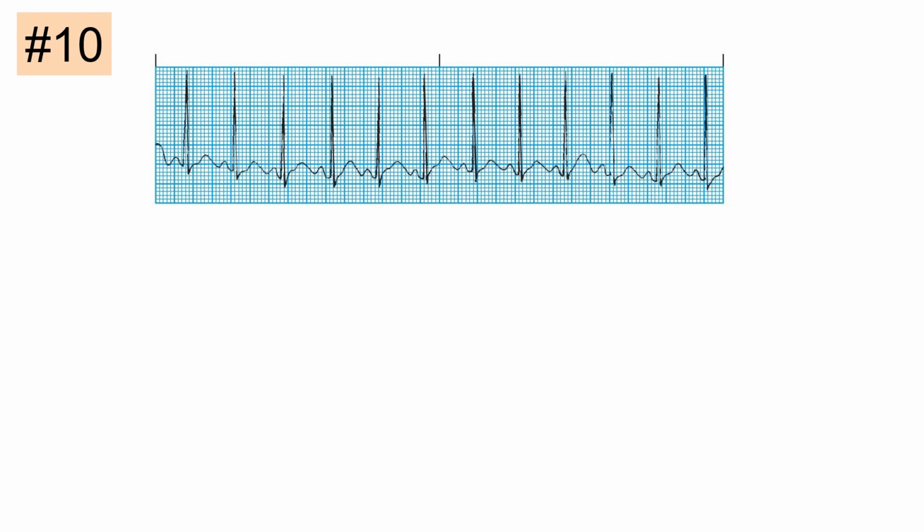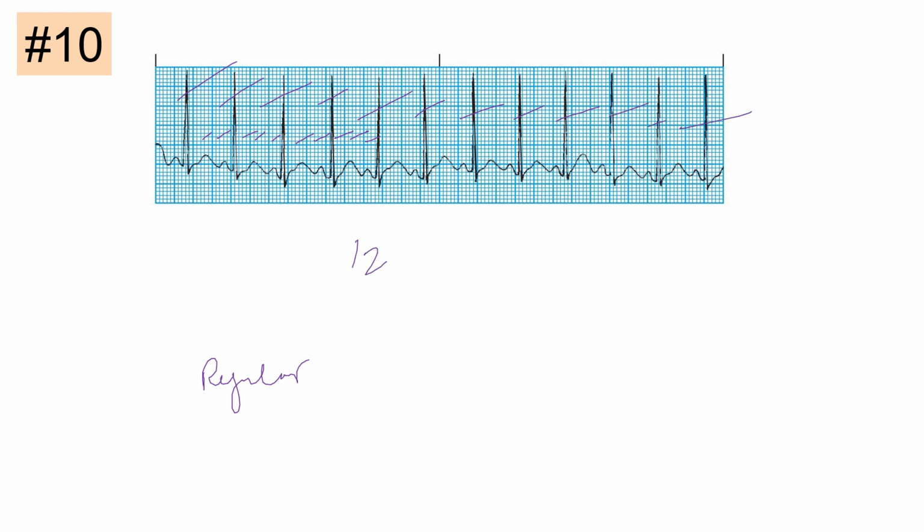Number 10. Is it regular or irregular? It looks pretty regular to me, but we can count the boxes. It's like 1, 2, 1, 2, 1, 2. Okay, so this is going to be a regular rhythm. What is the rate? 1, 2, 3, 4, 5, 6, 7, 8, 9, 10, 11, 12.